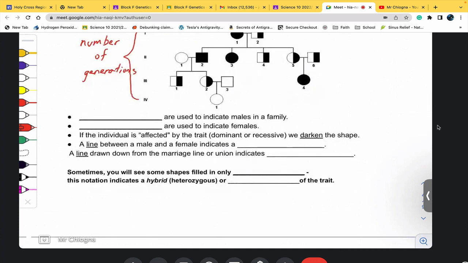The squares are used to indicate males, and the circles, females.